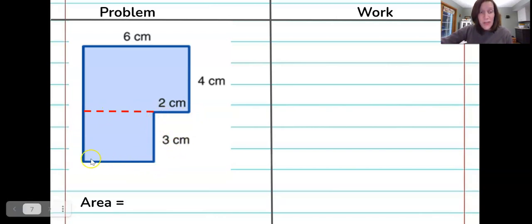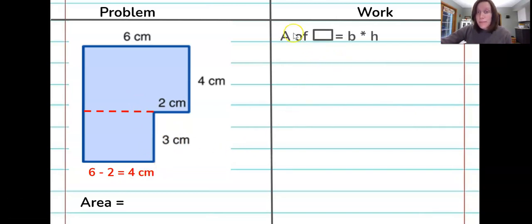But I can figure out the base right here because the total distance would be 6 centimeters. And all we're doing is taking off this 2 centimeters right here. So to find the base right here, I'm typing 6 minus 2 equals 4 centimeters. So now I know the base of this bottom rectangle is 4. So you make sure you have that written as well.